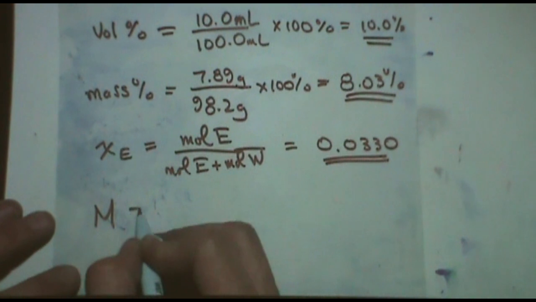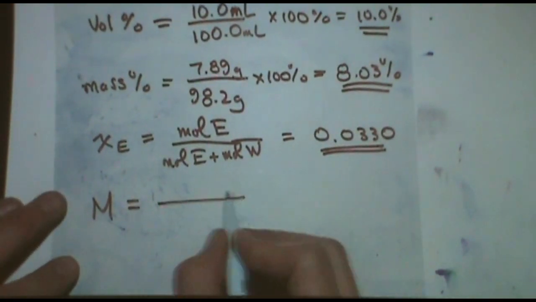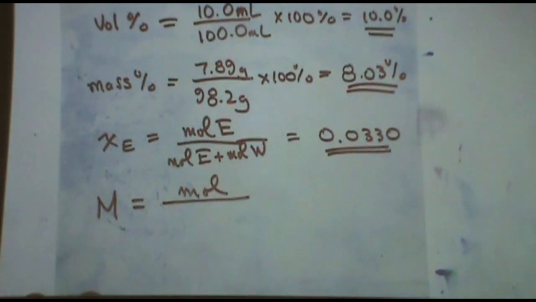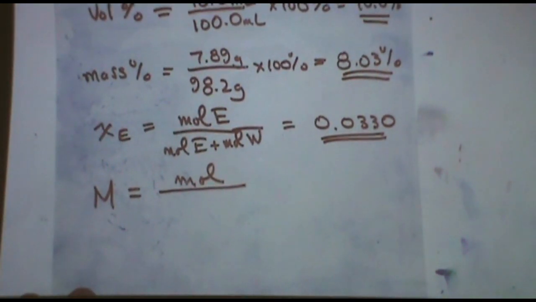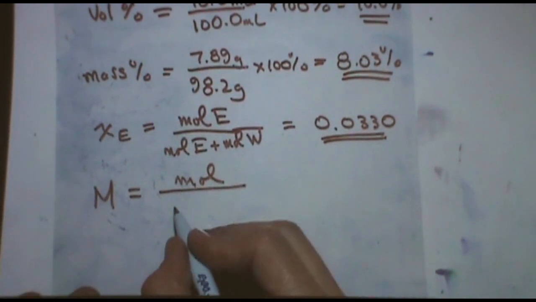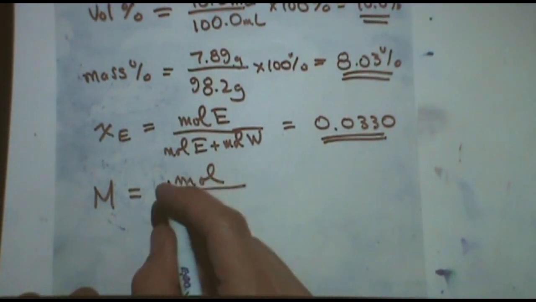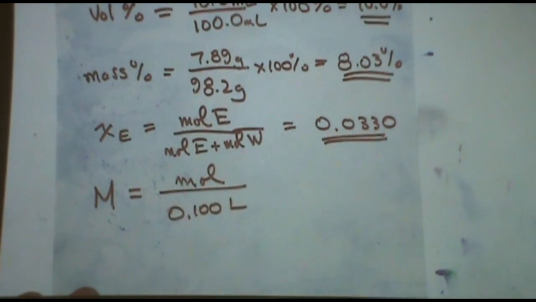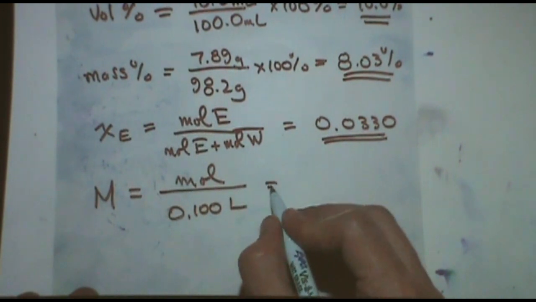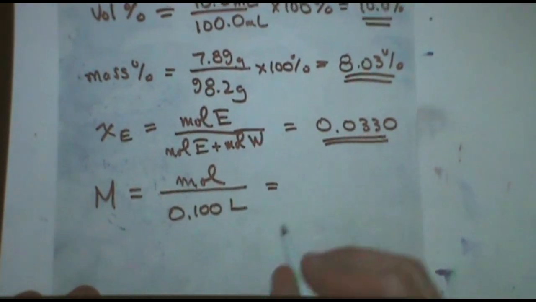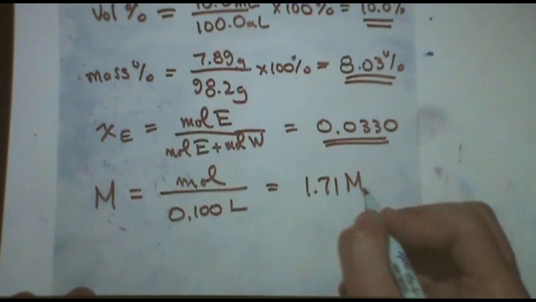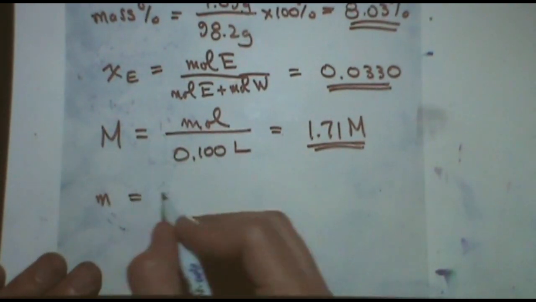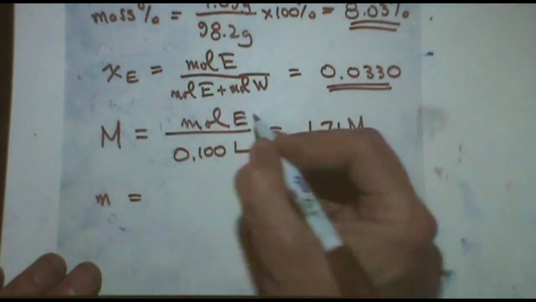Molarity. The moles of ethanol divided by what? Volume of solution, which is what? There was 100 milliliters, but I need it in liters. So 0.1 liters. I calculated that at the time. I got 1.71 molar. And the last one is molality. Oops, sorry.